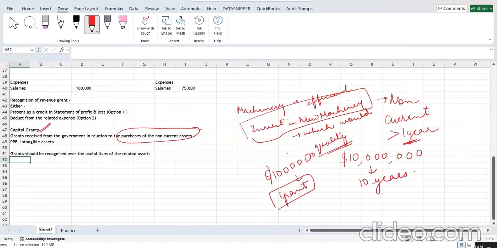If I'm investing 10 million, then 1 million I'm getting as grant, right? So if I'm incurring expenditure that would generate me benefit for 10 years and I'm getting grant to incur that expenditure, do you think it would make sense that I would recognize the whole 1 million in just 1 year?